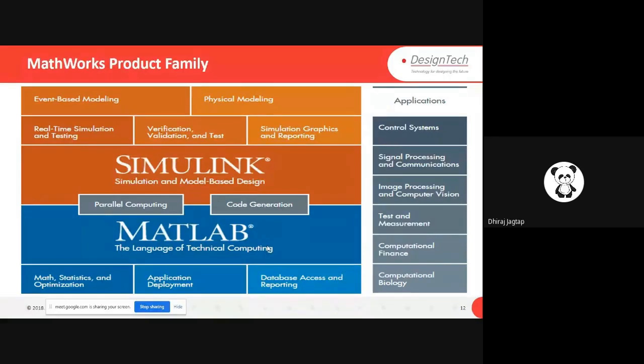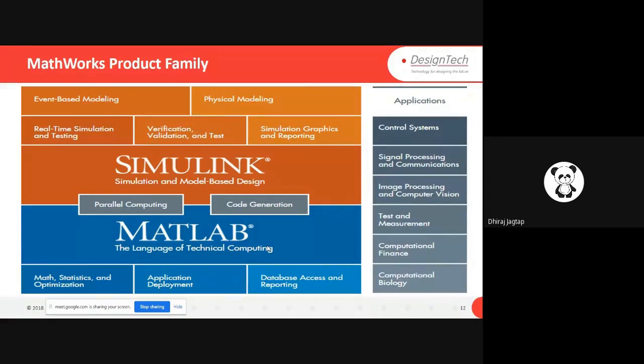Further, lots of applications are designed based on control systems, signal processing, and image processing. If someone wants to work with financial data, they can use financial toolboxes in MATLAB. If someone is working with biological data, we have the Bioinformatics Toolbox for that. SimBiology is also there.